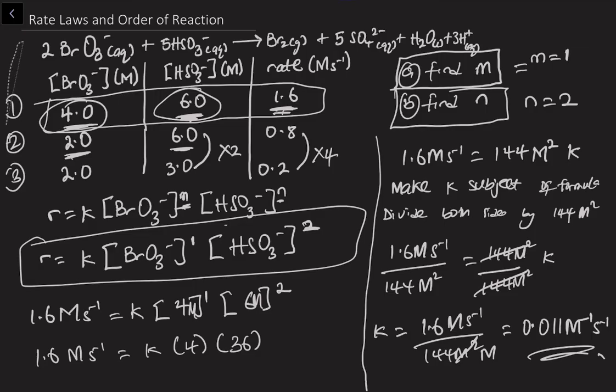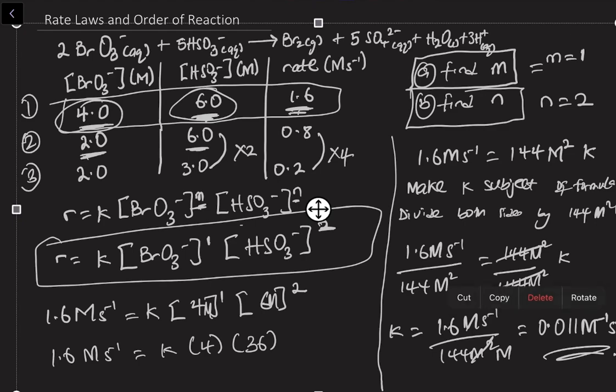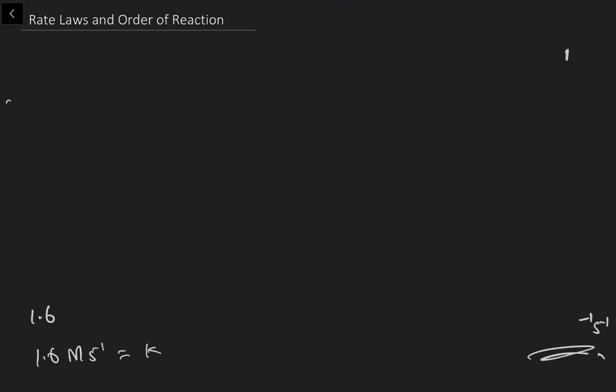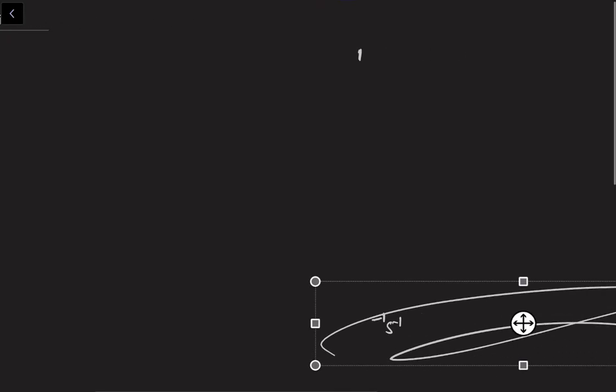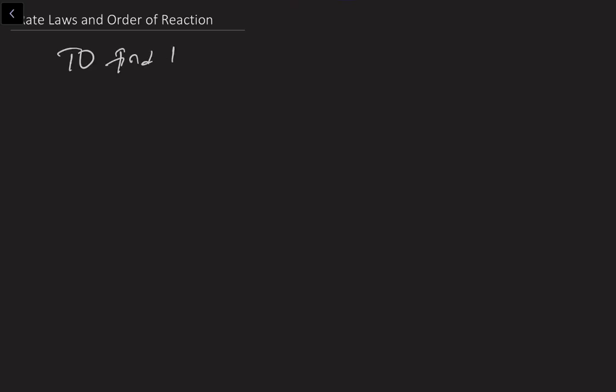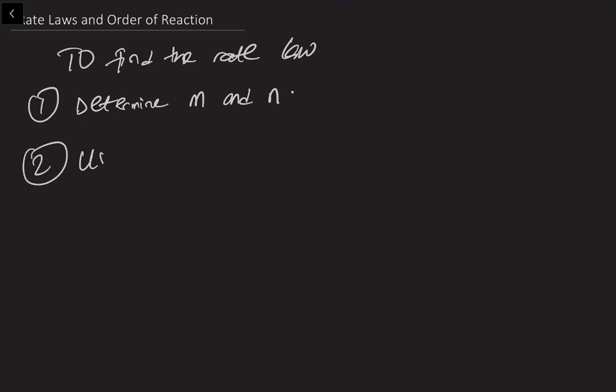So just to recap, to find the rate law, 1, determine M and N, and then 2, use the rate law to find K. All right.